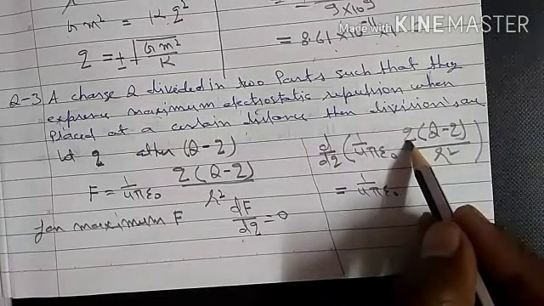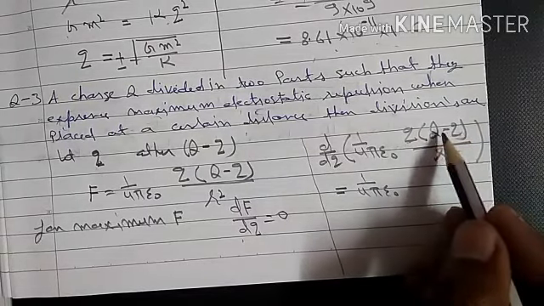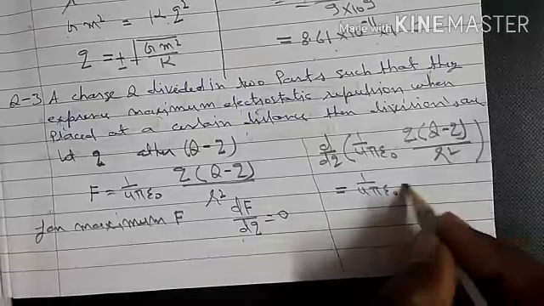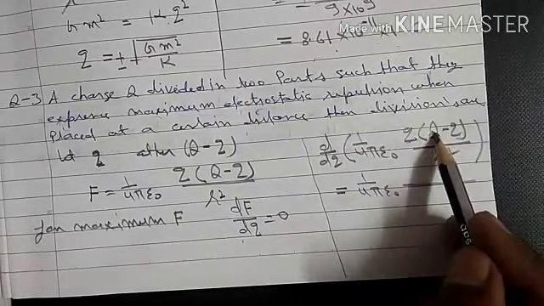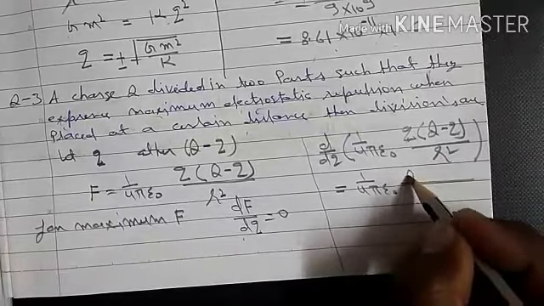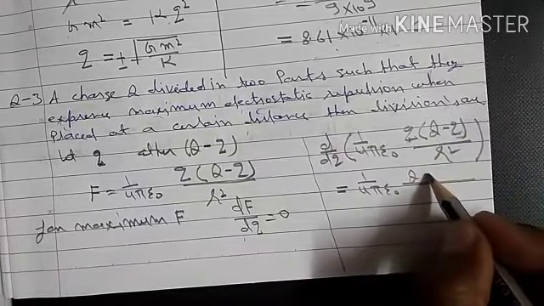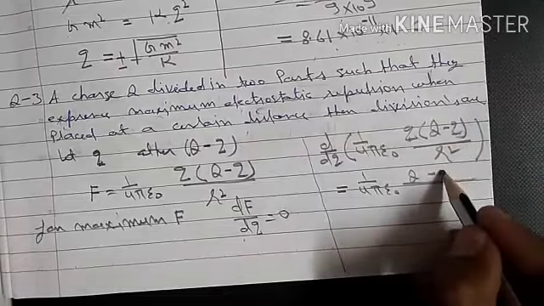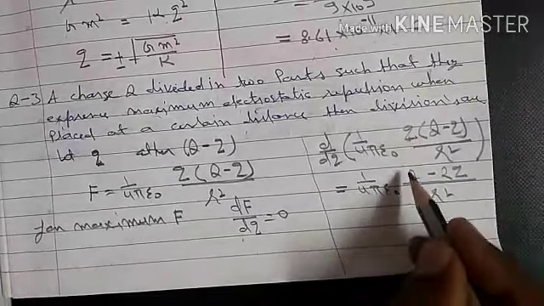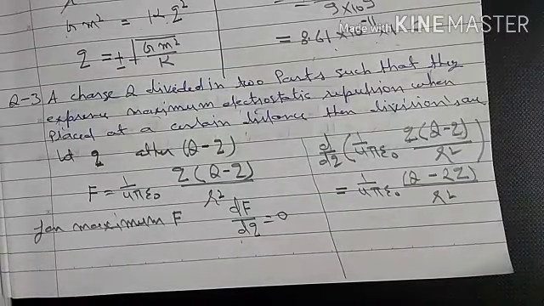Only the differentiation will take place for small q. So when we differentiate q, it will become 1, and q into q will become q square. So it will become Q minus 2q, divided by r square.